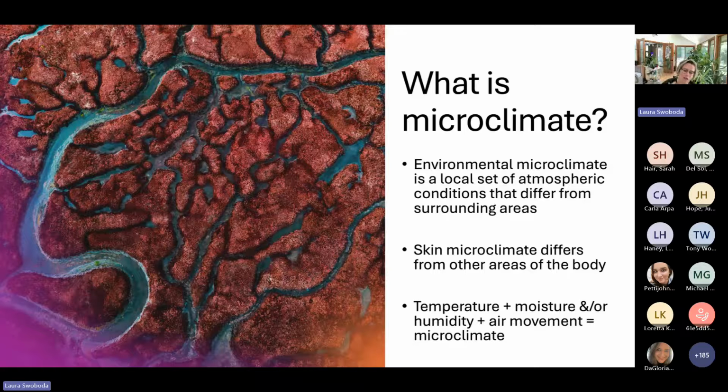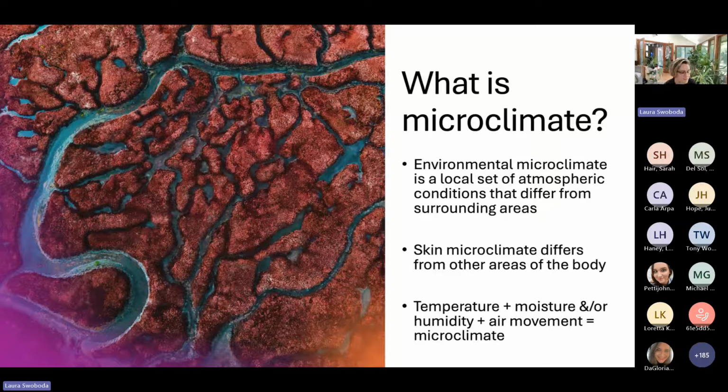So our intergluteal cleft is going to have a very different set of conditions than our feet will, than our axilla do, than our umbilicus does. And it affects our microbiome, it affects the brick and mortar structure of our skin. So this is very important in terms of the skin and its ability to interact with the external environment.